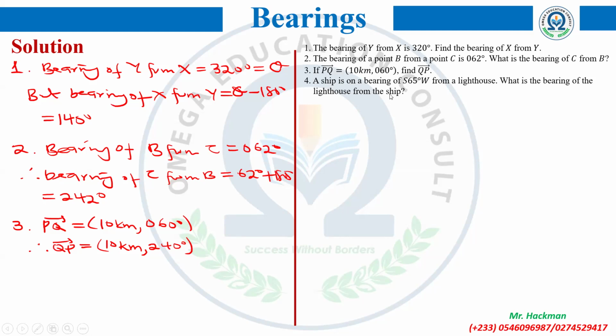You can see that we swap the positions, so we are looking at the back bearing again. Only this time round, your given bearing, the forward or front bearing, is in the compass bearing form. Your first three were in the true bearing form. So once your bearing is given in the compass bearing form, any other bearing that you are asked to find must also be stated in the compass bearing form. All correct?